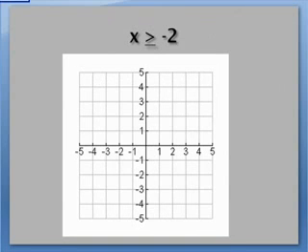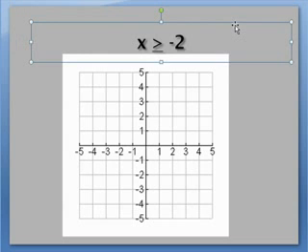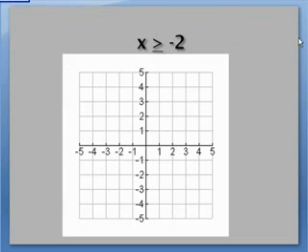How about this one? x is greater than or equal to negative 2. Okay. This one, remember, is a special type of line, so we only see the one variable there. So we're doing the boundary first of all, so we're looking for the points where x is equal to negative 2.